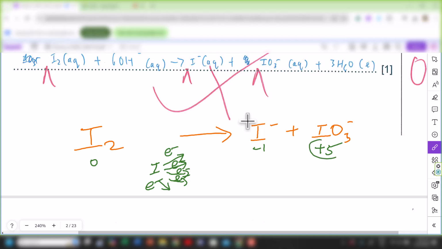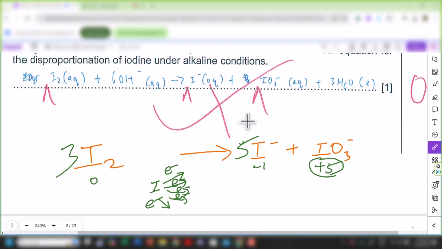Then these 5 electrons have to be gained by the other 5 iodine. So based on that, the total number of iodine I need is actually 6. Only one of them becomes +5, and the remaining ones become -1. That's why the ratio is 3, 5, 1, which is something a lot of you didn't get.